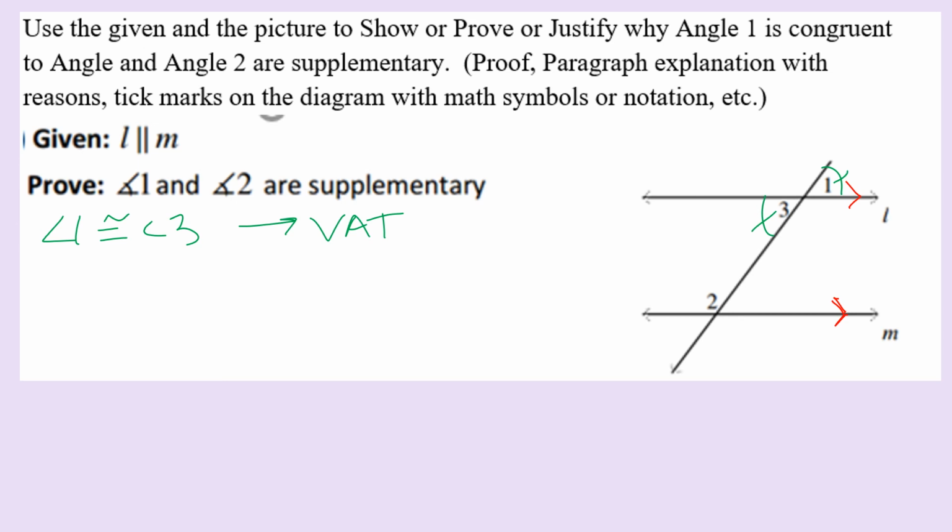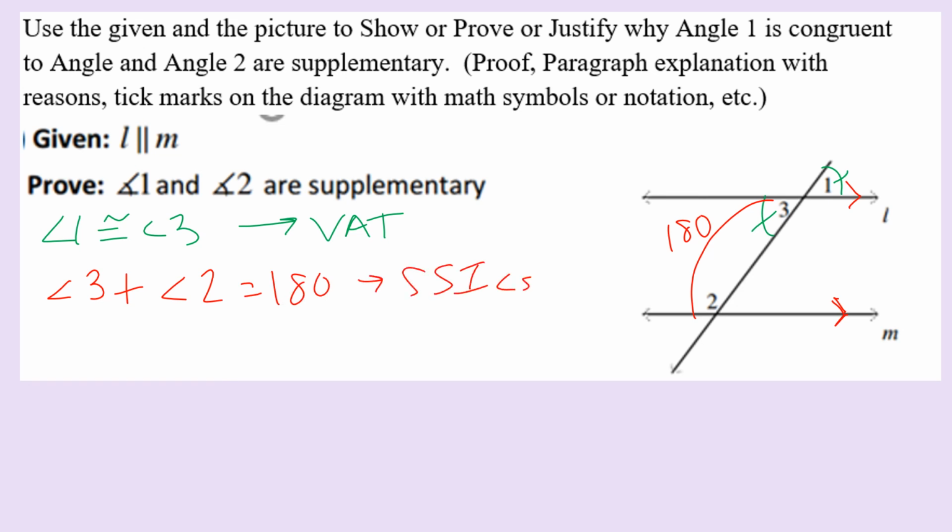Then I know that angle 3 and angle 2 are same side interior, which means that they need to equal 180. So angle 3 plus angle 2 equals 180, and that is because same side interior angles are supplementary because of the parallel lines.